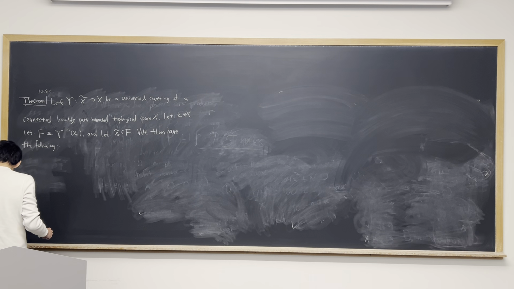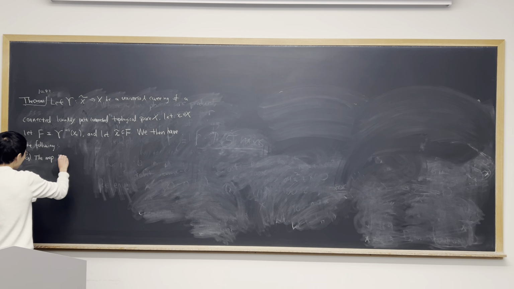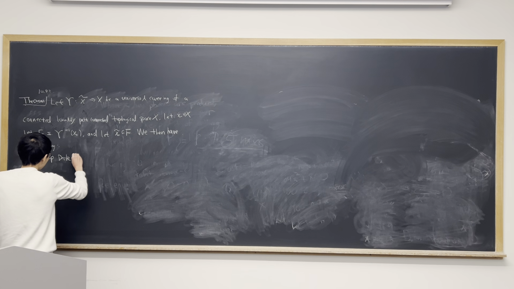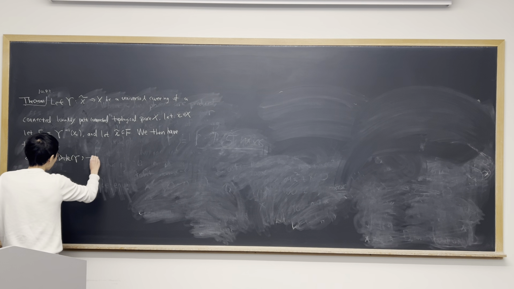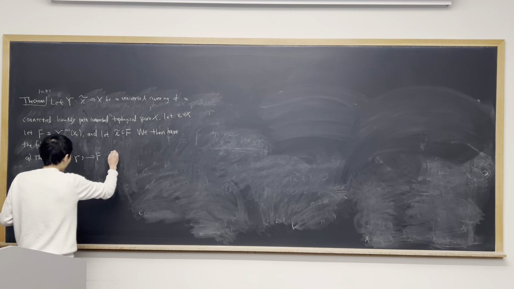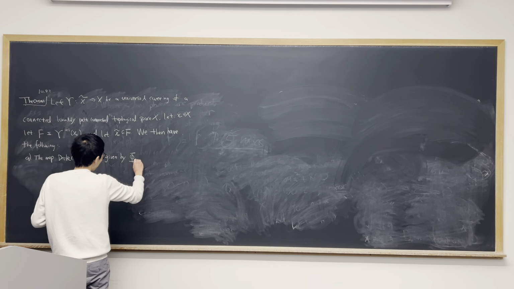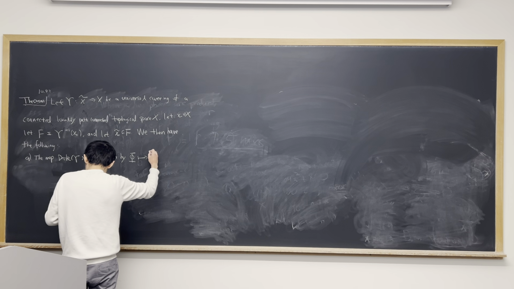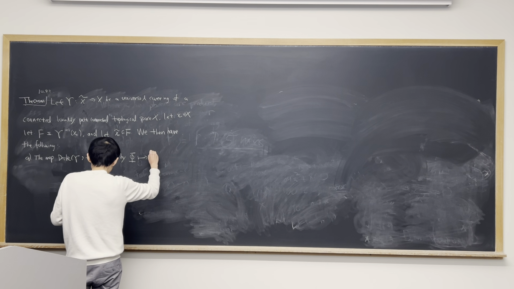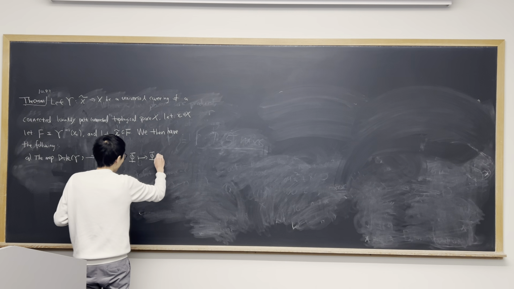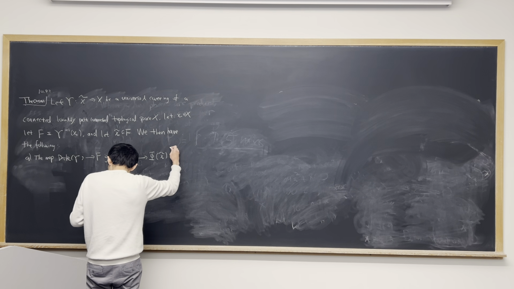So A: the map Deck of this gamma to this F, given by phi to phi of x naught tilde, is a bijection.